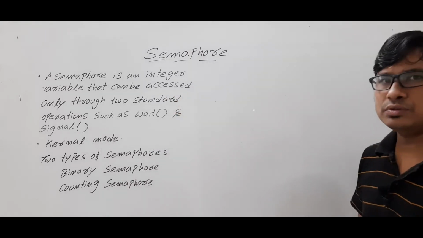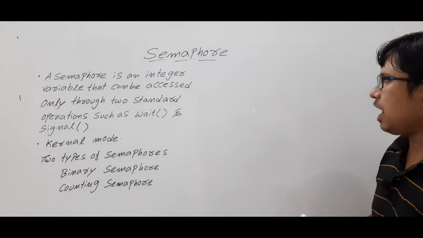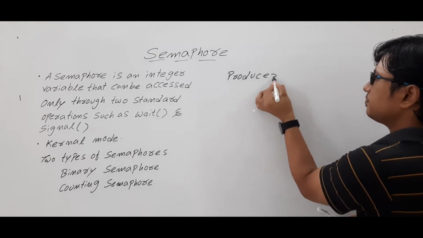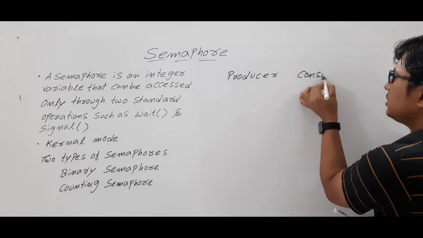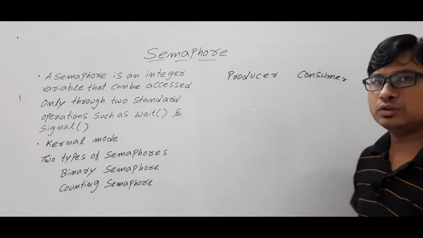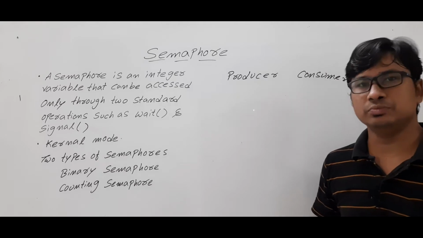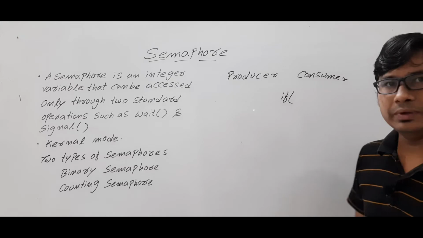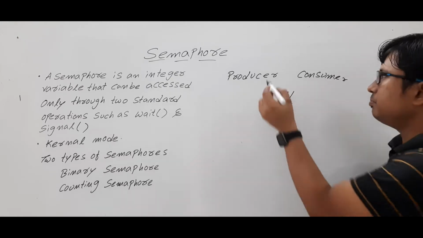Now, in the producer-consumer problem, we have a producer and we will have a consumer. The duty of the producer is he has to produce the items, and the duty of a consumer is he has to consume the items. Now we know that we will have a buffer.